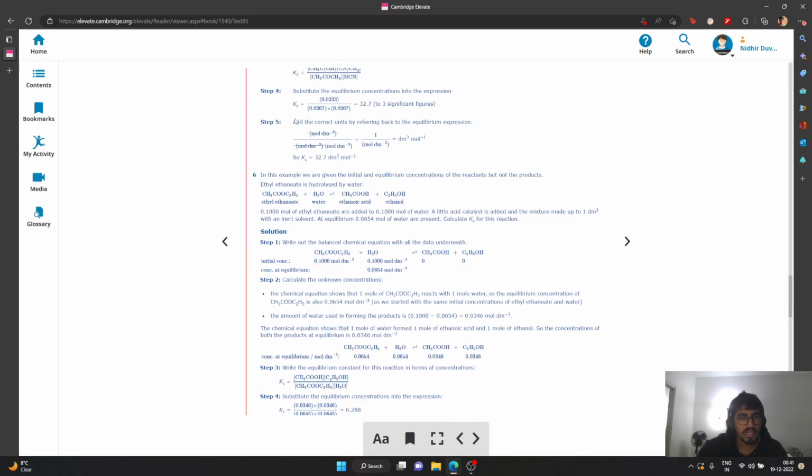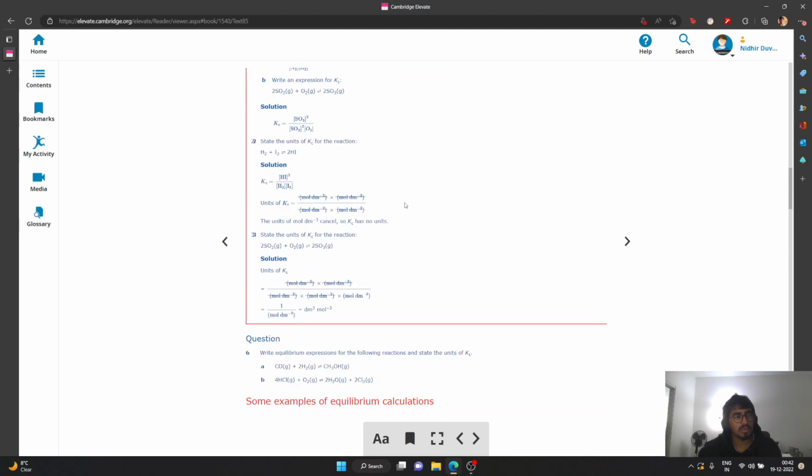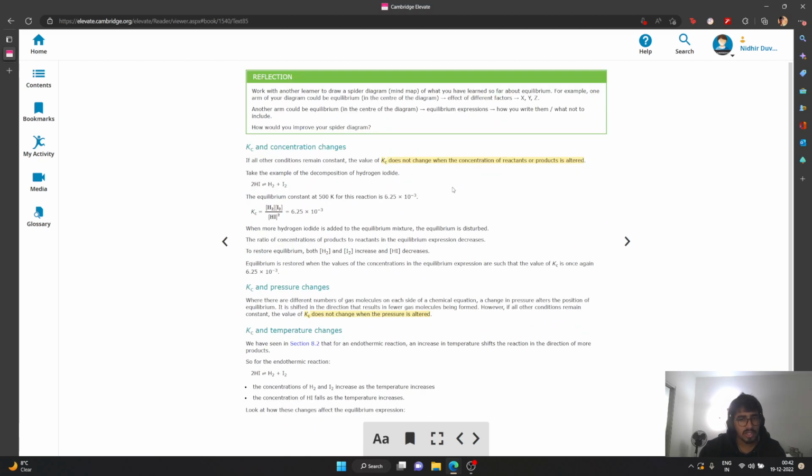Maybe you added a little bit of I2 at the start, so that ended up consuming a little bit of this, and then it produced more of this. When you still take the ratio, it will be the same. So Kc does not change with concentration.